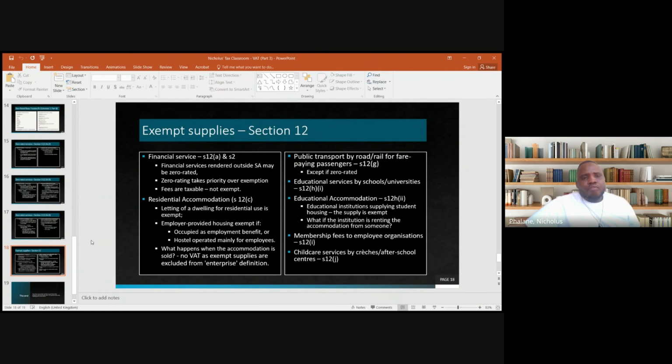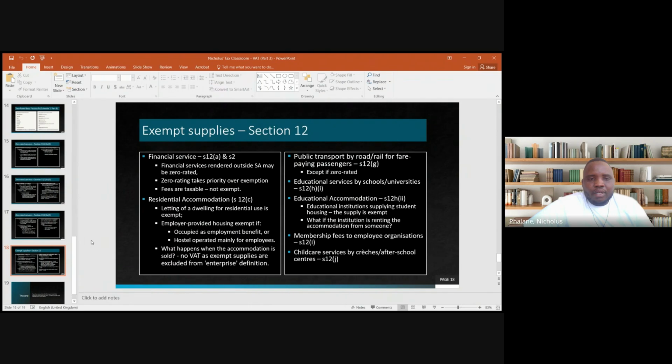So financial services are exempt services in terms of Section 12A. But if these financial services are rendered outside SA, or basically rendered to a recipient who is not a resident, so they are exported, then you can zero rate them. You may. Zero rating takes priority over exemption.